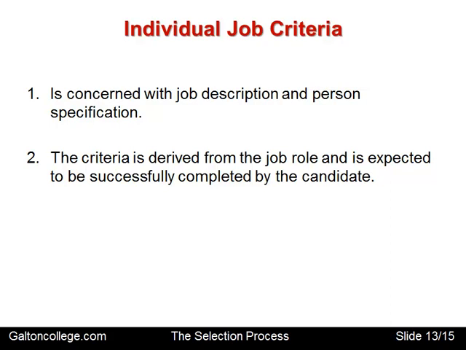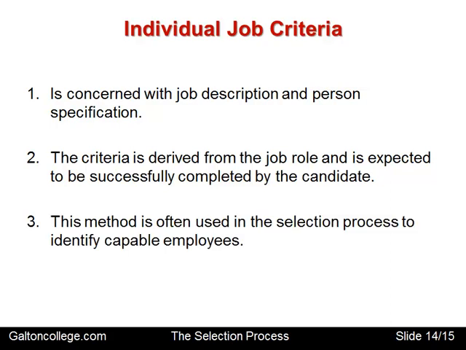The company wants to project a positive image of itself. So this method of selection, this Lewis technique, is often used in business to try and identify capable employees.